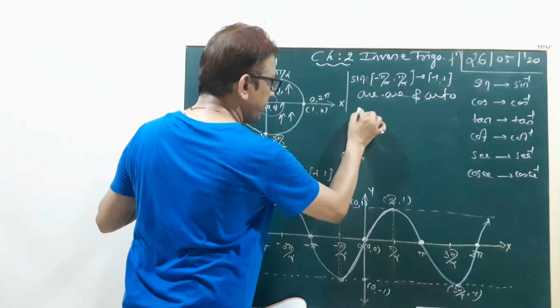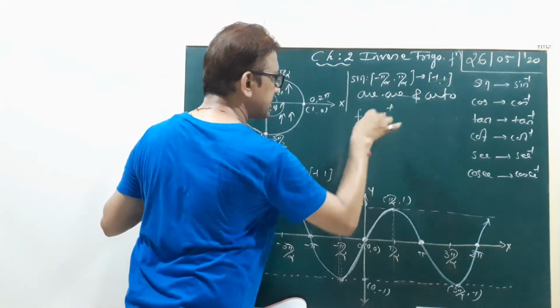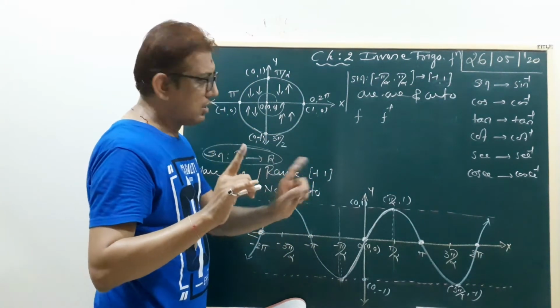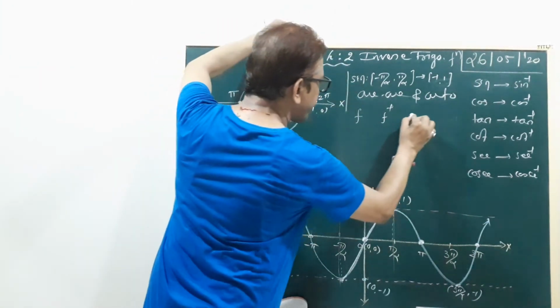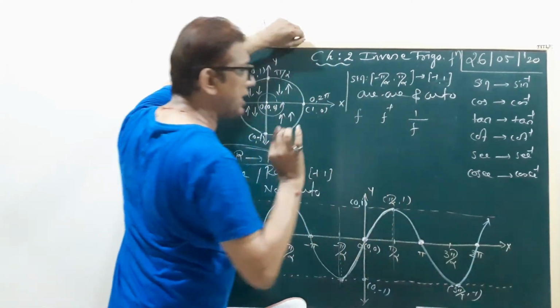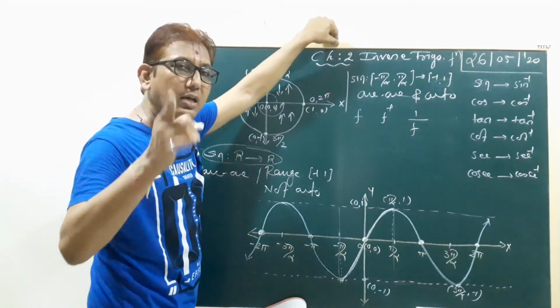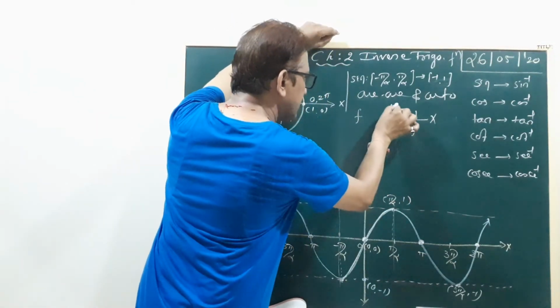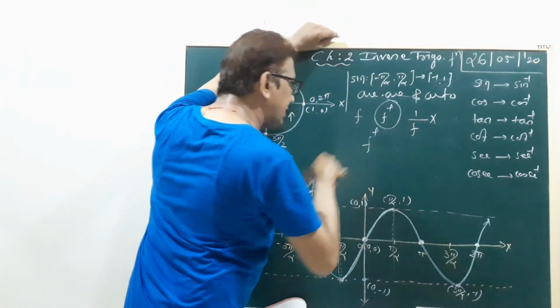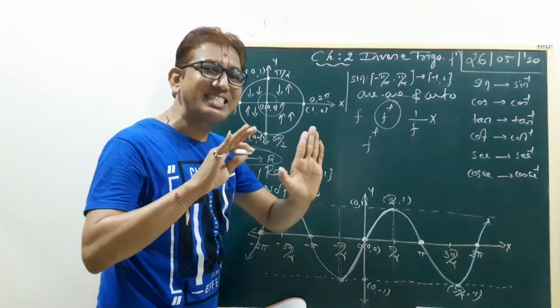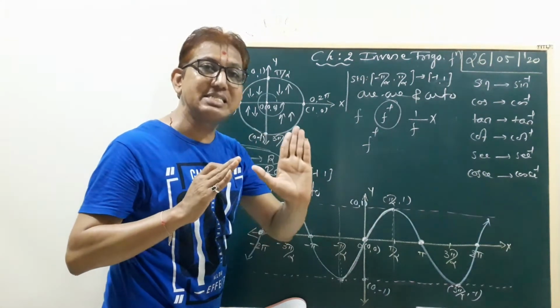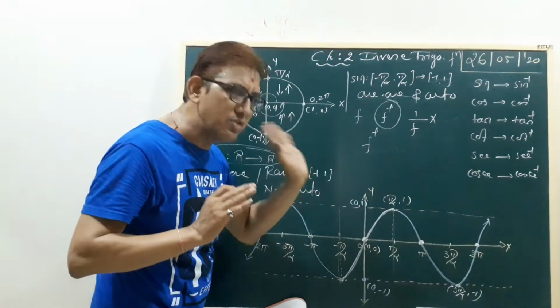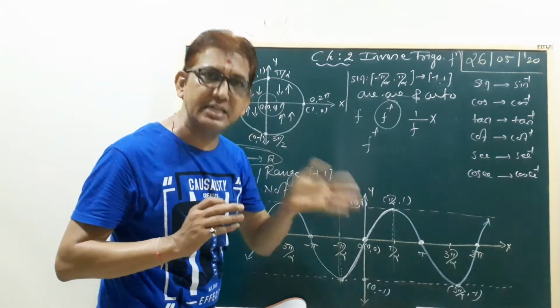Now the symbol for the inverse of a function f is f inverse. We already explained that we do not write f inverse as 1 upon f. It is not possible, because this is not a power of minus 1. It is only a symbol: f inverse, not f to the power minus 1.